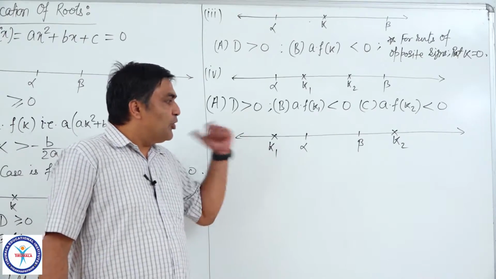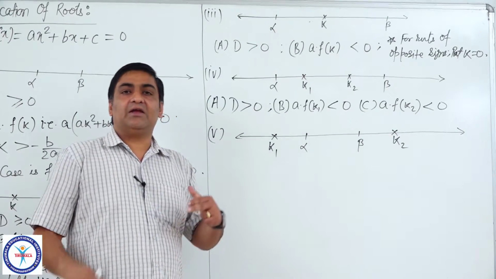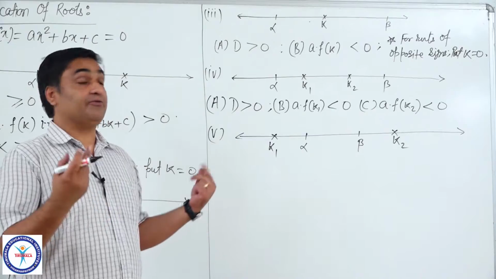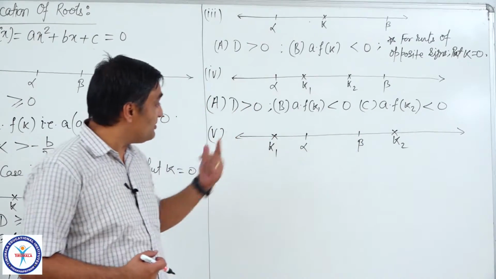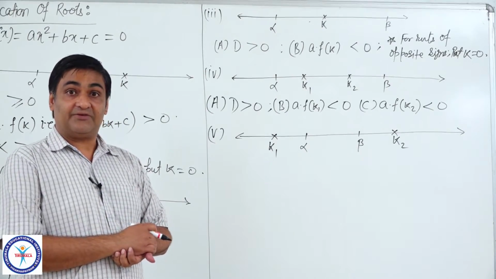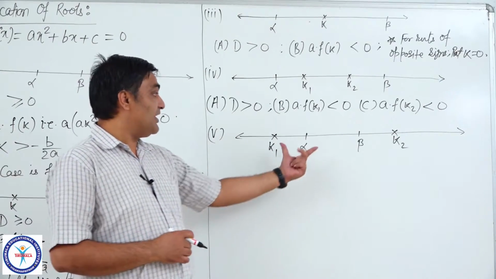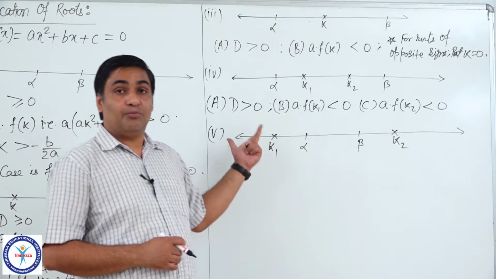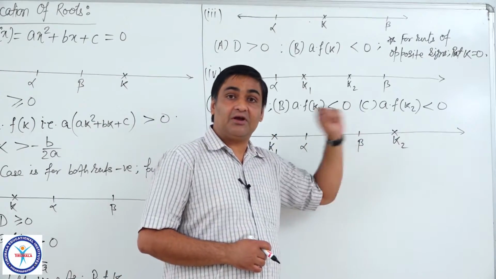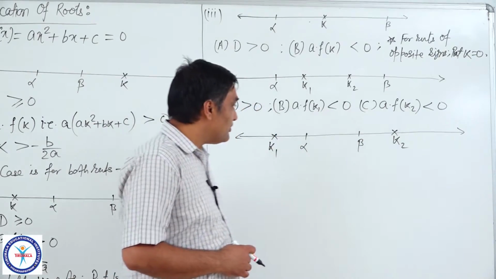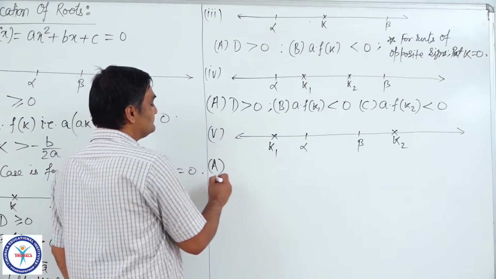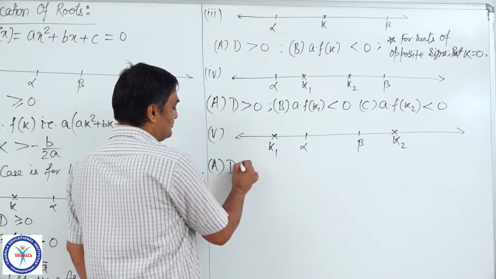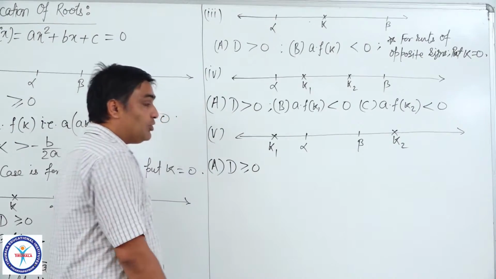Now consider both roots lying in, say, minus 1 comma 7, lying in the interval minus 1 comma 7. We can say that alpha and beta are the roots, both lying between k1 and k2. So just impose the conditions. D greater than or equal to 0. Why?